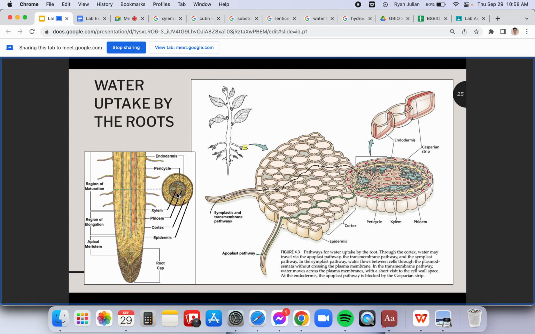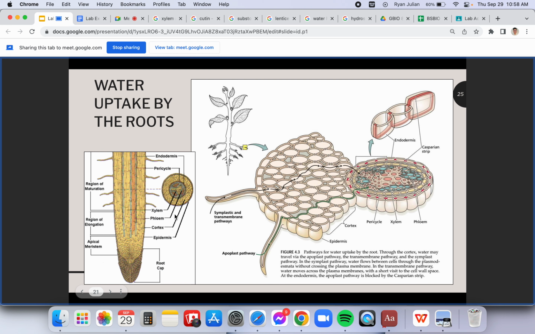The xylem is right over here, located at the center of the roots, and the main function of xylem is that it allows the transfer of water from the roots to other parts of the plants such as the stem, the leaves, and so on. Essentially, xylem is really important because it enables the growth of a plant.